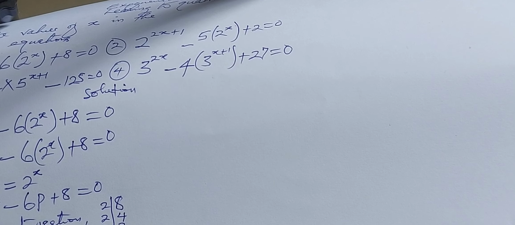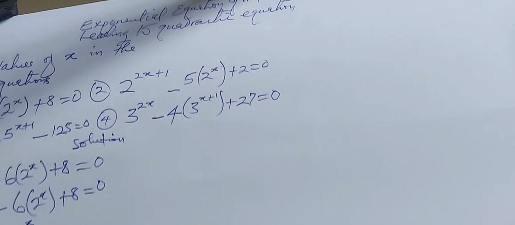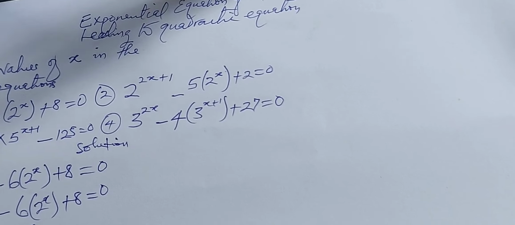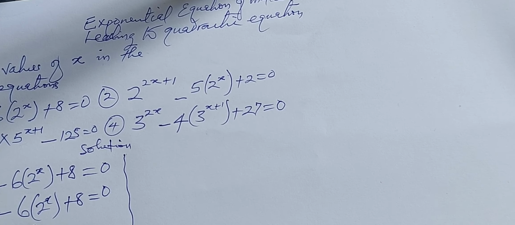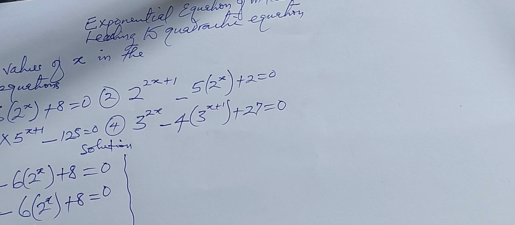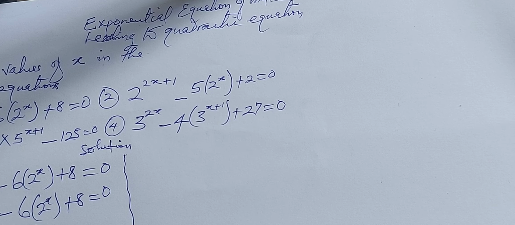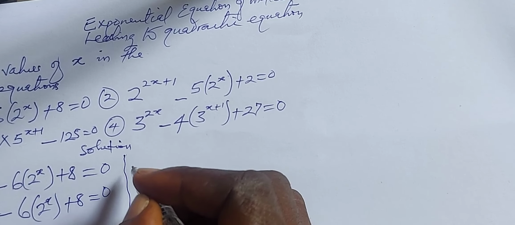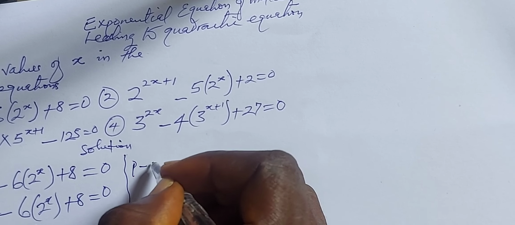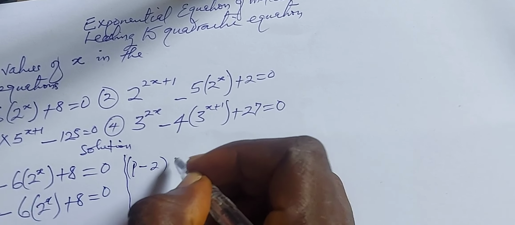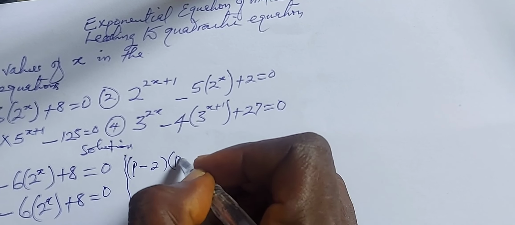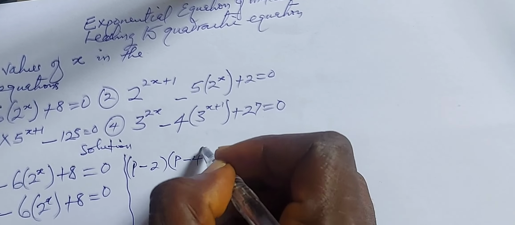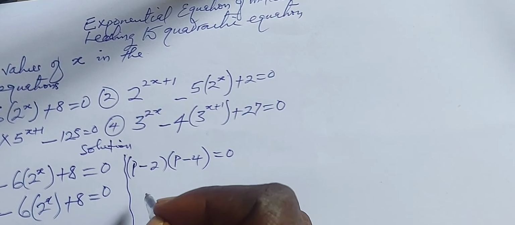So let's come back here so that we can see it perfectly. We can now write p minus 2 in bracket, and p minus 4, all equals 0.